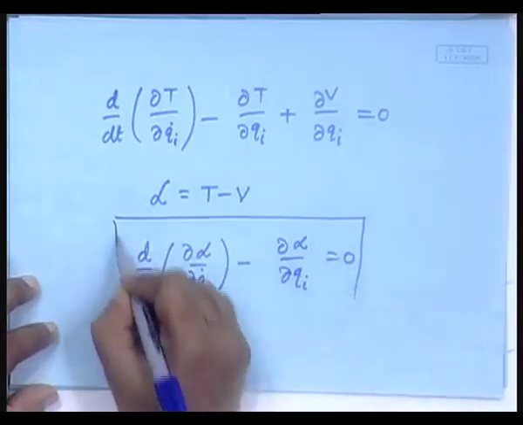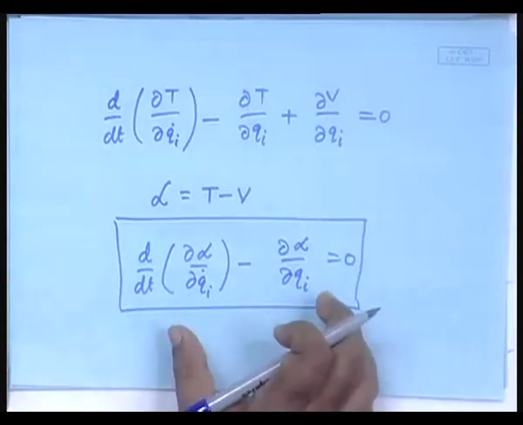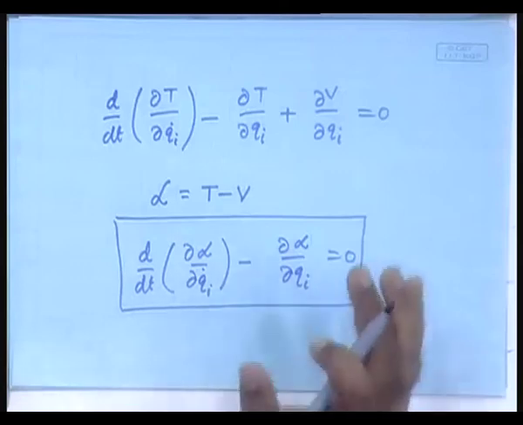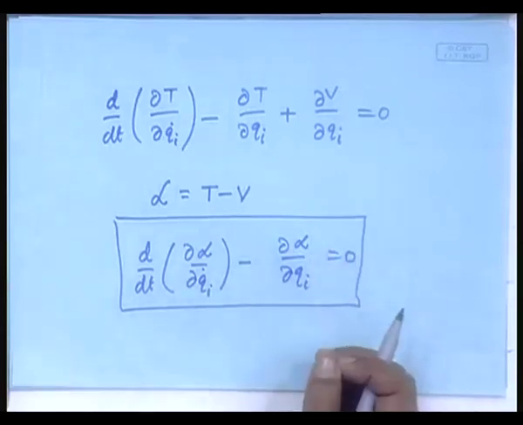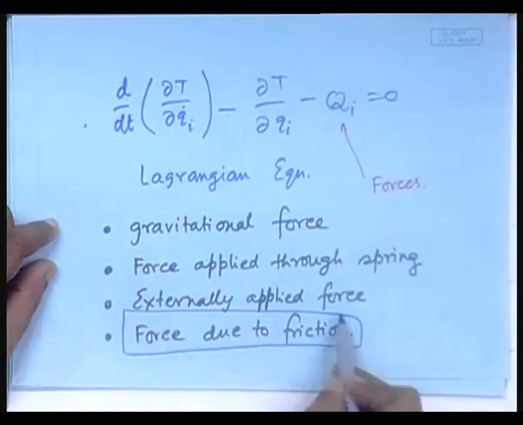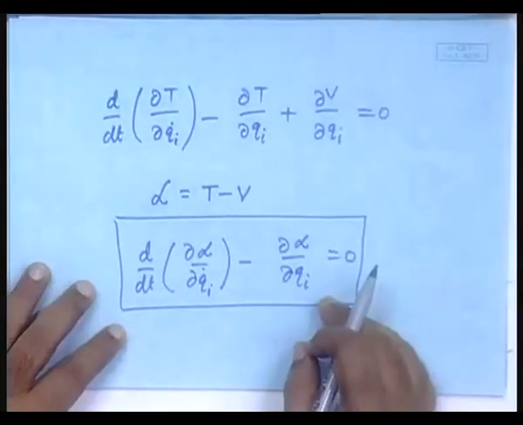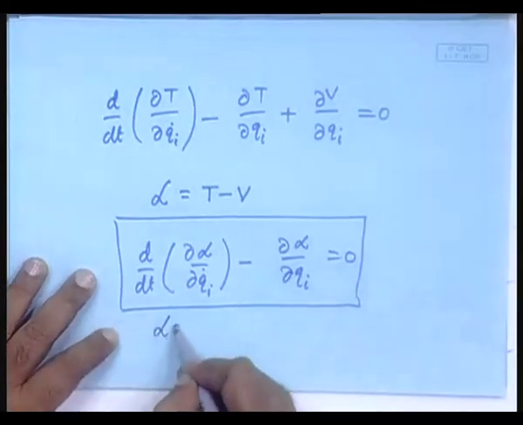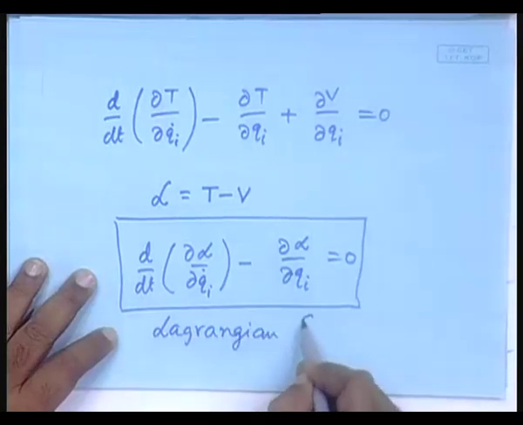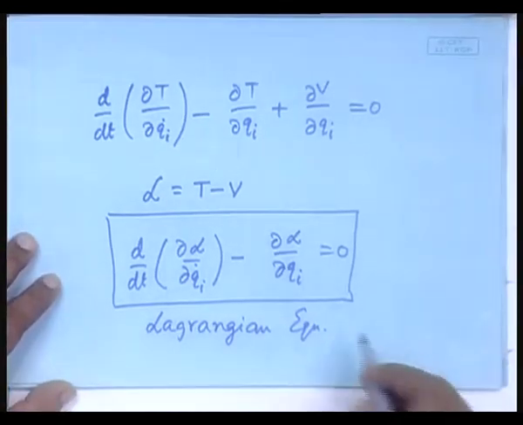So simple. After all these days of labor, we have obtained such a simple equation. That is the actual form of the Lagrange equation for a non-dissipative system, because we have not yet considered this term. How to consider this term, we will come to that later, but this is the Lagrange equation for a non-dissipative, conservative system.